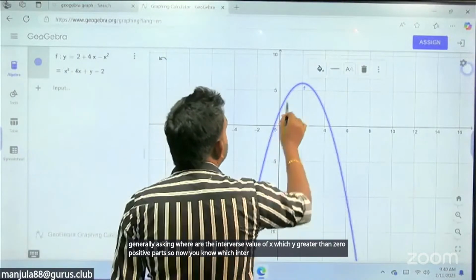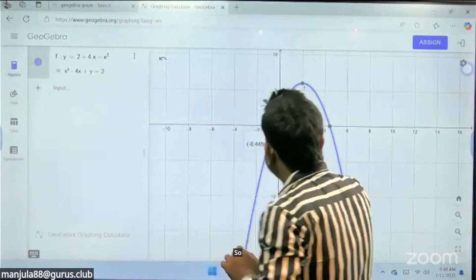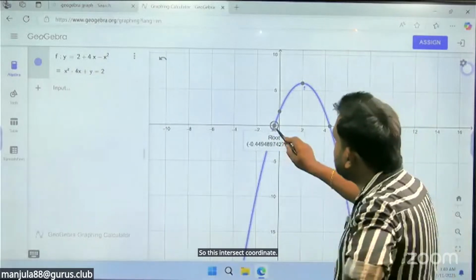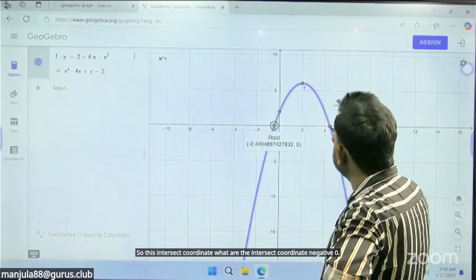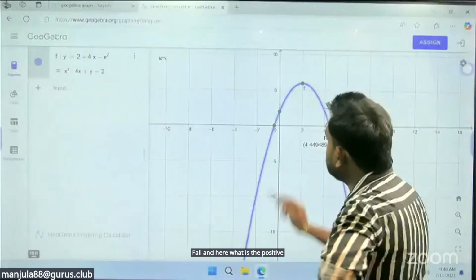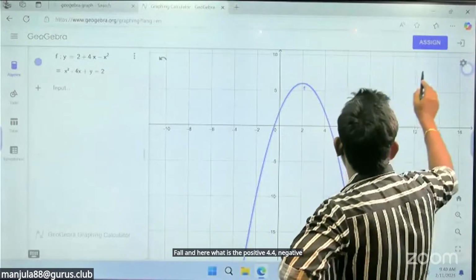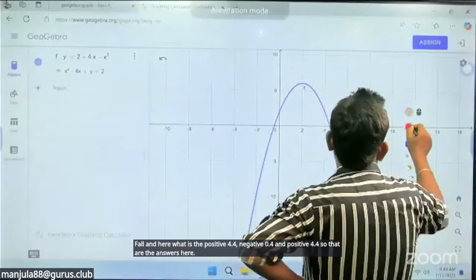So now you know which intersect part. This intersect part, you know that. So what are the intersect coordinates? Negative 0.4, and here positive 4.4. Negative 0.4 and positive 4.4. So those are the answers here, right?